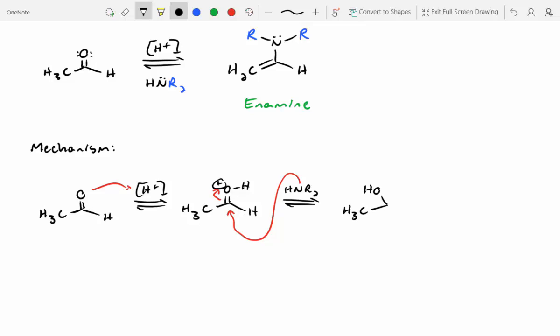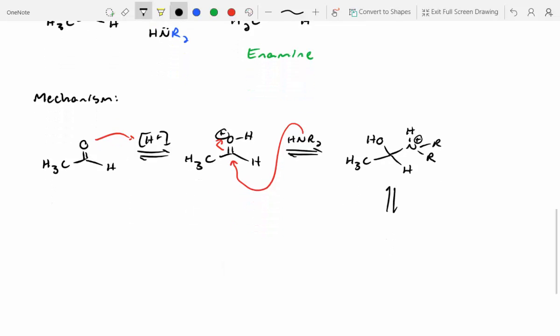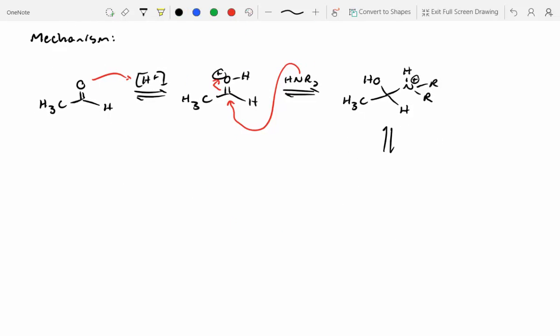Got an OH group here, got an NH and two R's, so that now this nitrogen is positive. Just like we saw in the previous reaction, we've got to lose a proton from the nitrogen to make this a neutral amine.